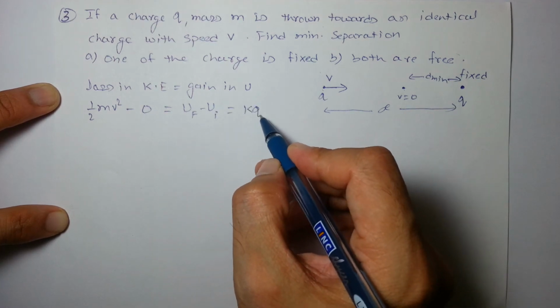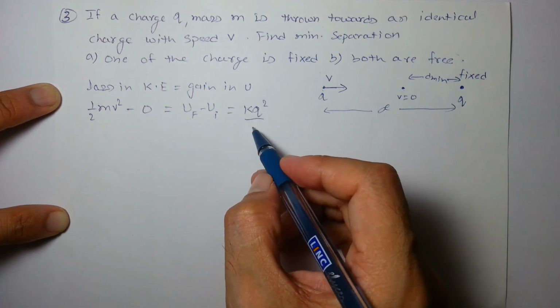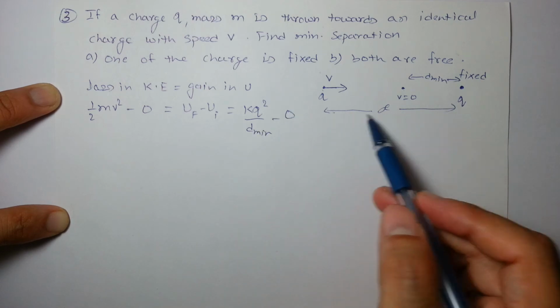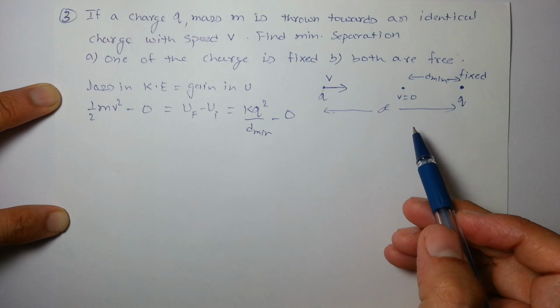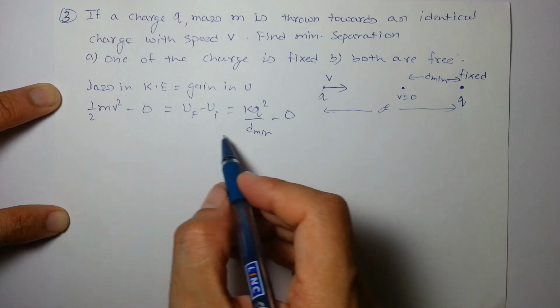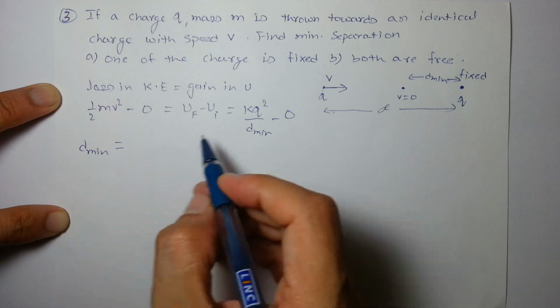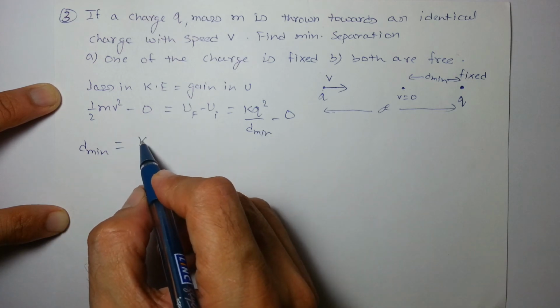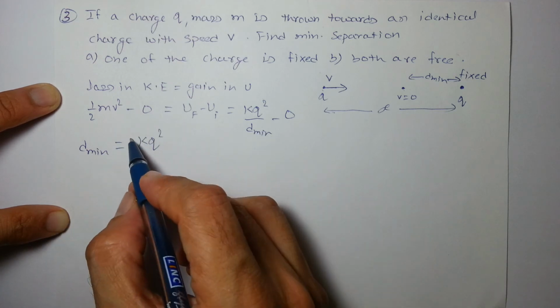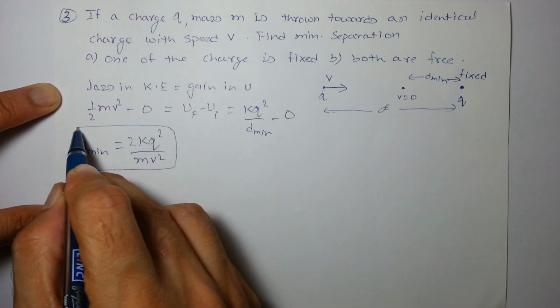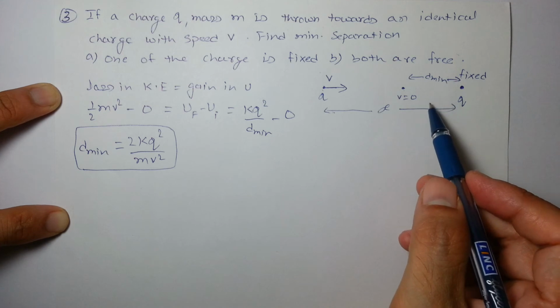Final is kq square by d min, as the charges are identical, and minus 0, as the initial separation was infinite. Okay, so we can always get d min is equal to kq square into 2 by mv square. So that is the minimum separation between these two charges.